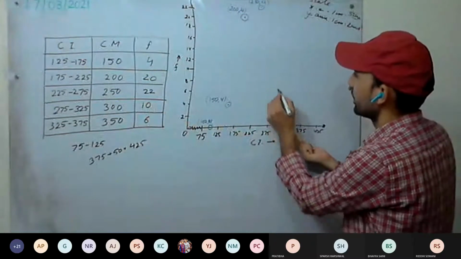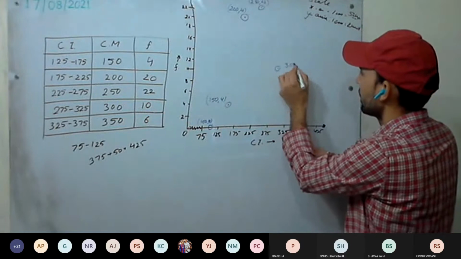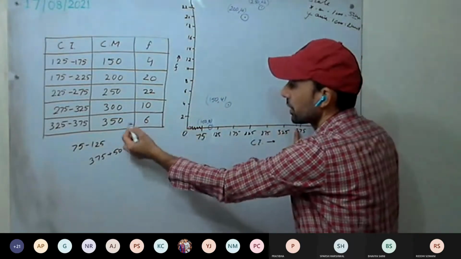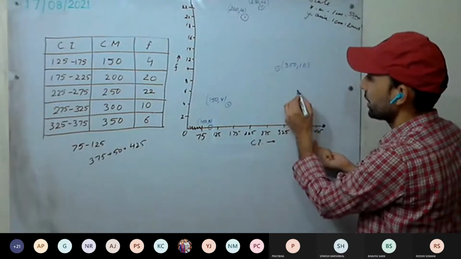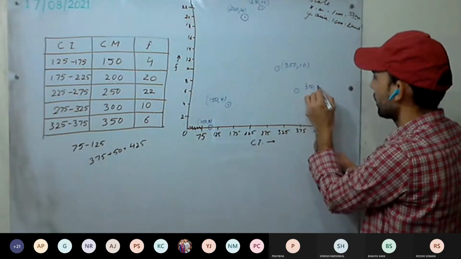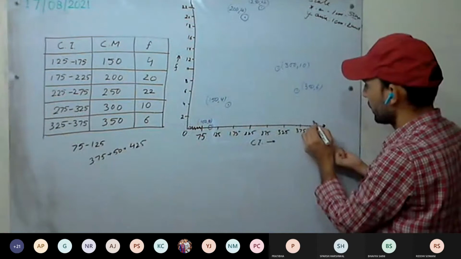Next one, 300 and 10. Next one, 350 and 6. Next one, 400 and 0.